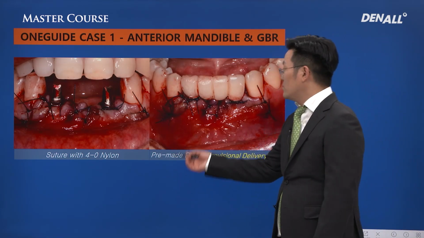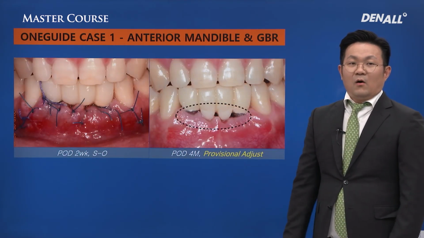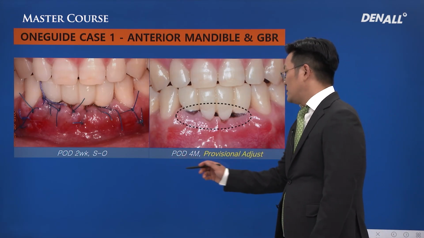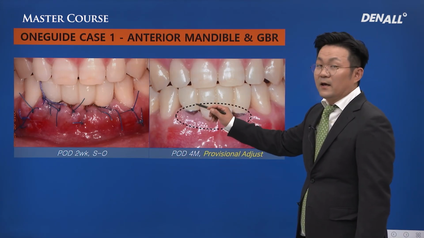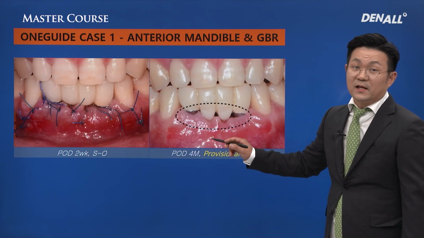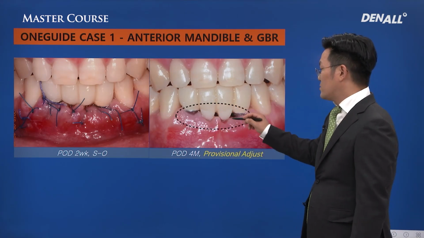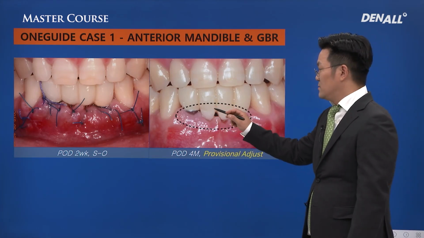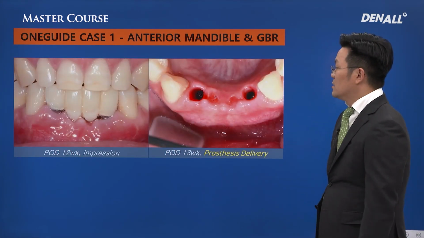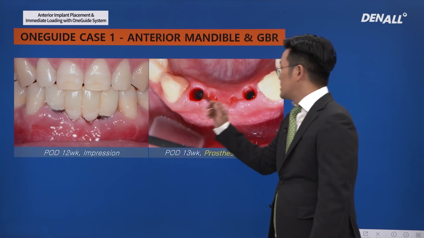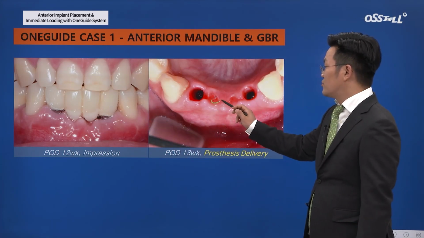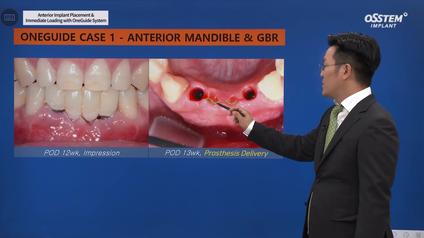After surgery at 2 weeks and after 4 months, there is slight recession that continues. For aesthetics, the temporary was continually adjusted to follow the form change here. After the final prosthesis was delivered, the form needs to be like this for aesthetics.